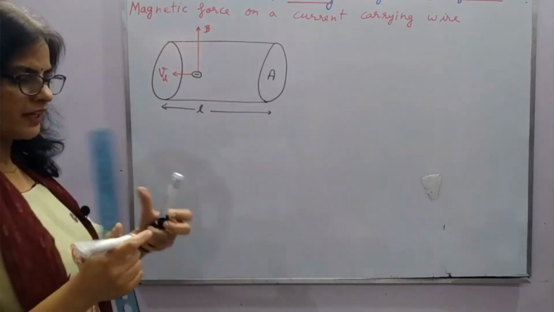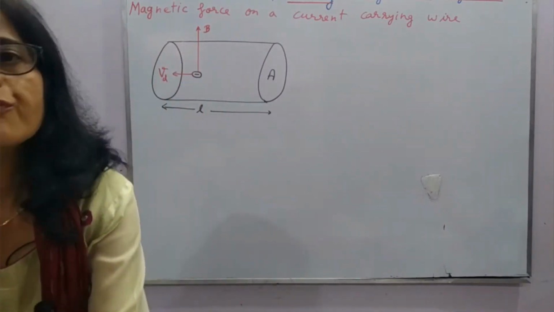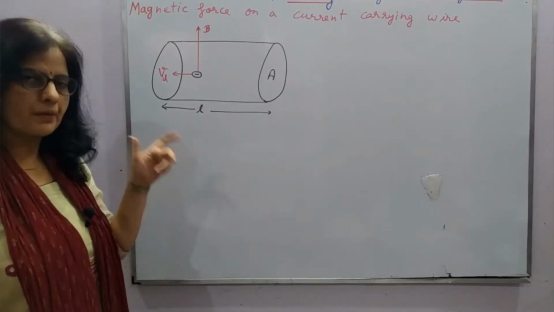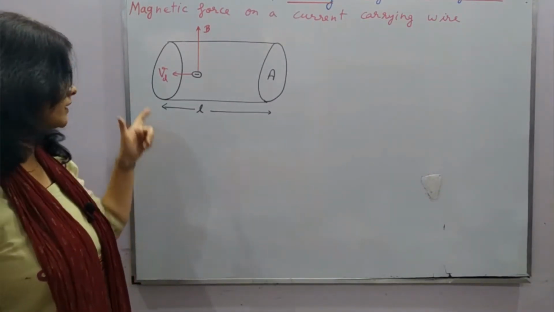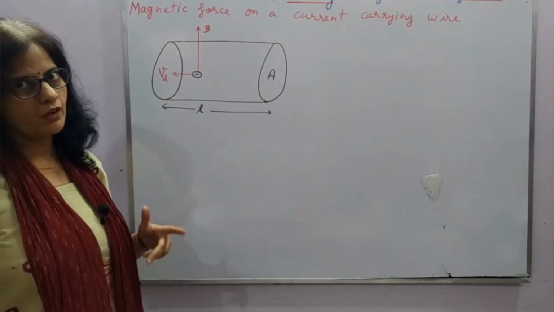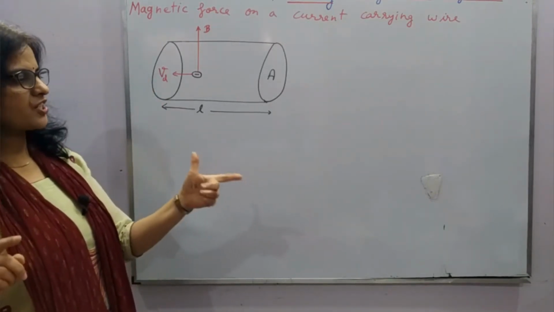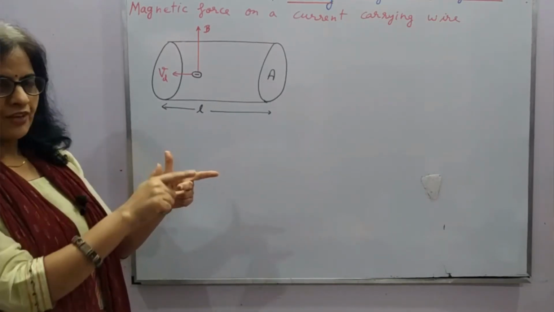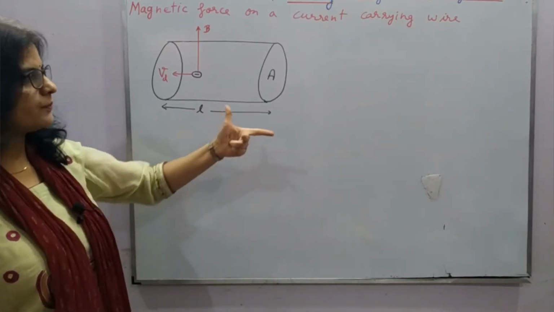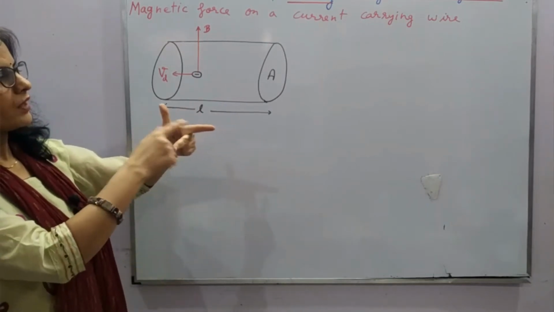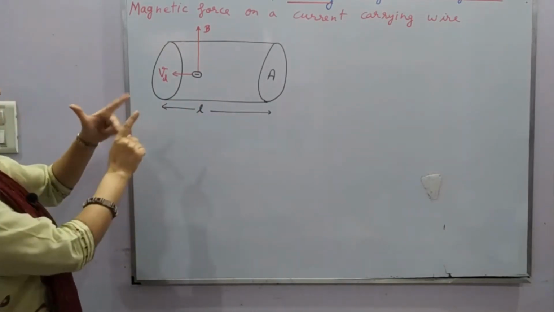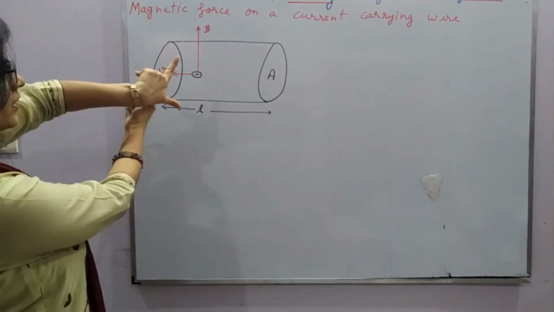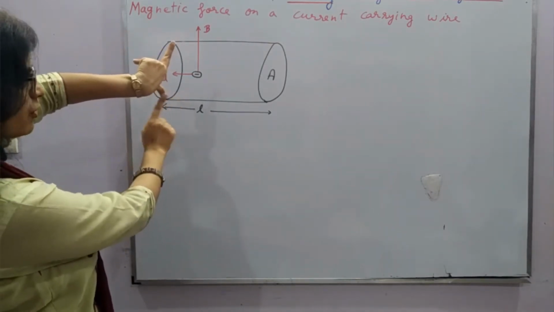Now what will be the direction of the magnetic force? We know that the magnetic force is perpendicular to the plane containing V and B, right? For positive charge, the direction of magnetic force is given by Fleming's left hand rule. So from here, this gives the direction of magnetic field, this gives the direction of velocity, so this is the direction of force.